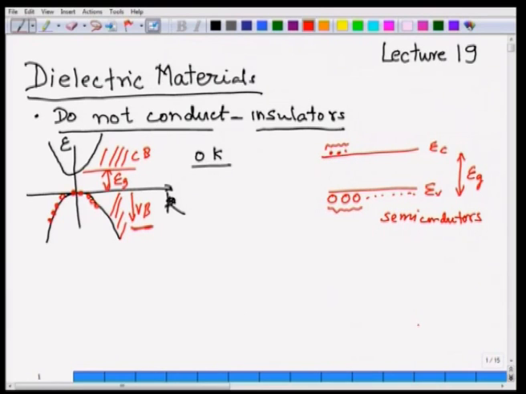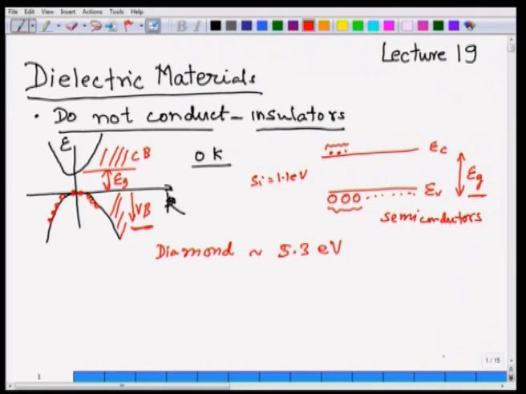Now what happens if this band gap is very large? Remember, in silicon this band gap is only 1.1 electron volt, whereas if you go to diamond, the band gap becomes something like 5.3 electron volts, a very large band gap. What happens if this Eg is very large?